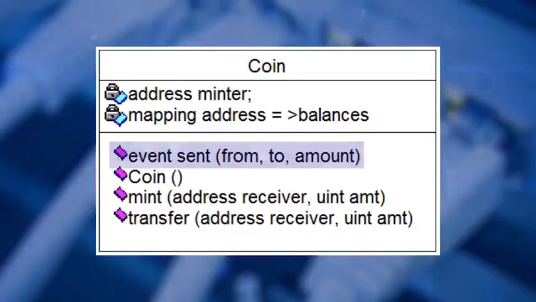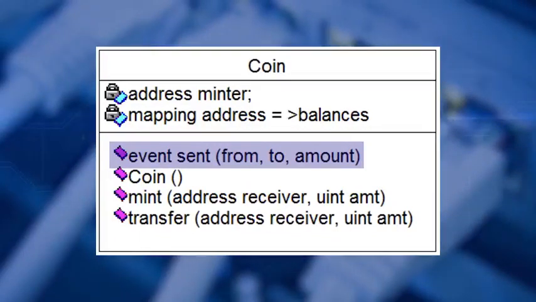How do you program, set up, and invoke an event? You define an event by its name and parameters. An event can be parameterized like a function. For example, in the coin.sol, you will see event Sent with parameters from, to, and amount.